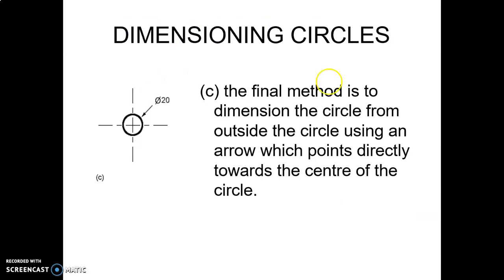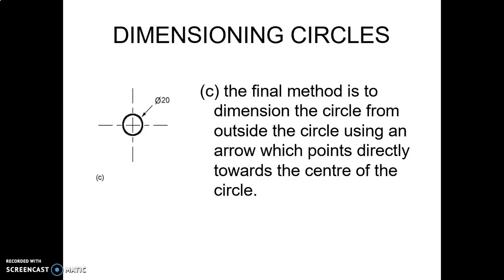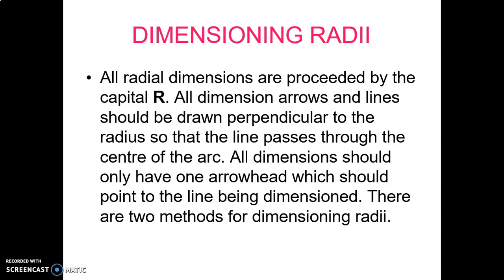For dimensioning circles, the final method is to dimension the circle from outside, using an arrow which points directly towards the center of the circle. Ada 3 types, A, B and C. Ini kalau untuk yang kecil, so kita letak dimension dia dekat luar.